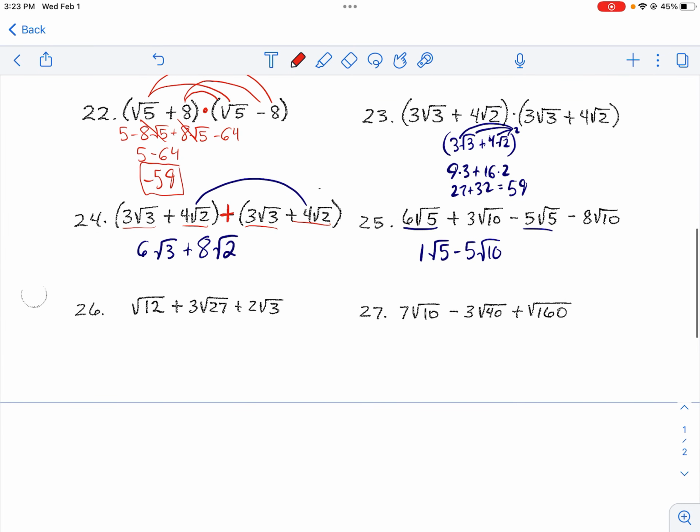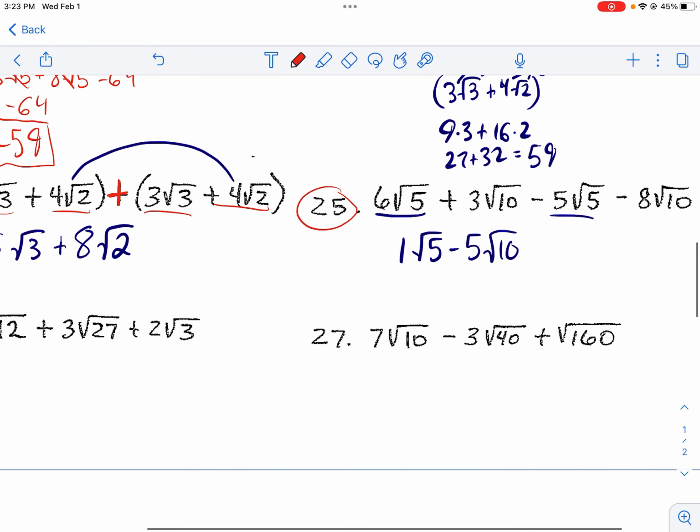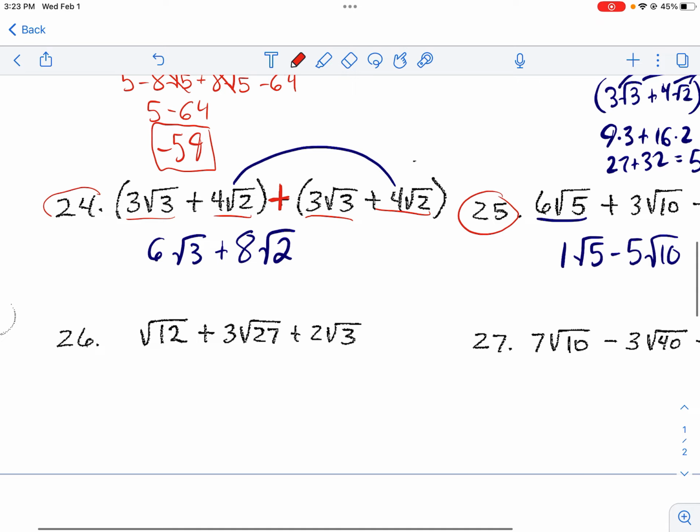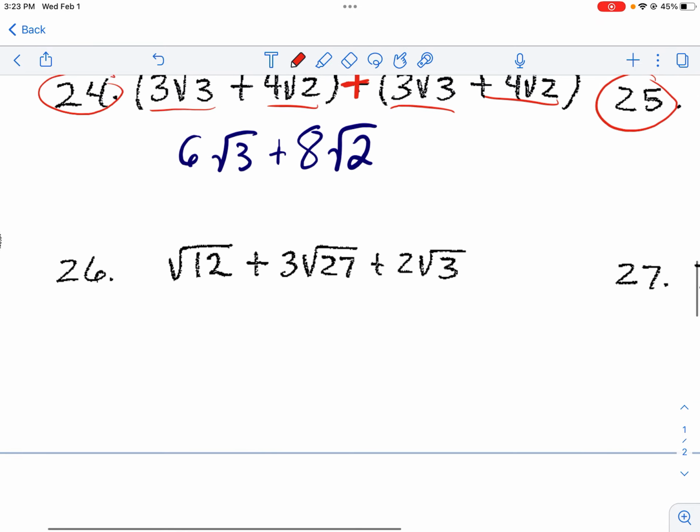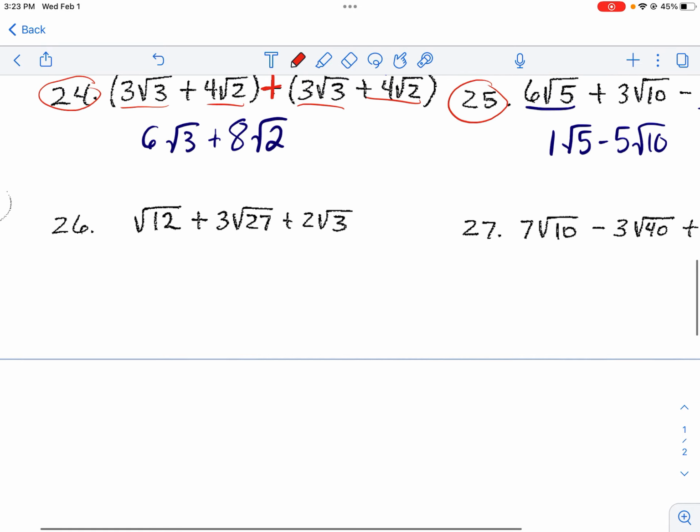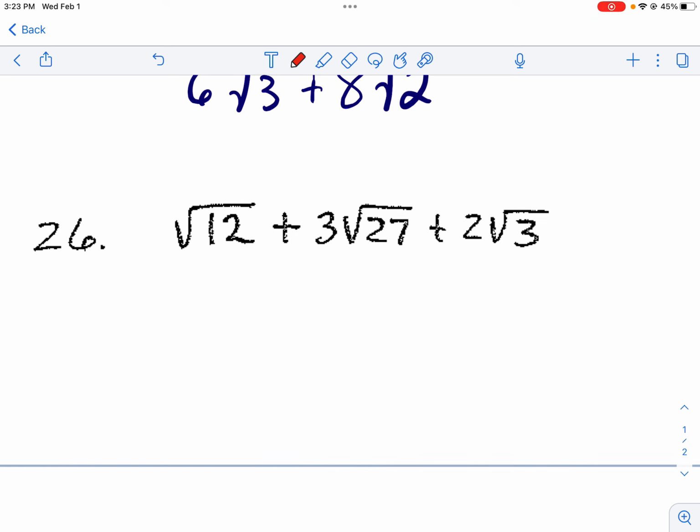Then same thing here, just combining like terms with 24 and 25. That brings us to 26. 26 and 27 are both where we have to figure out, can I reduce this square root and then leave it after that. So square root of 12, I'm thinking 4 times 3. And square root of 27, I'm thinking 9 times 3.